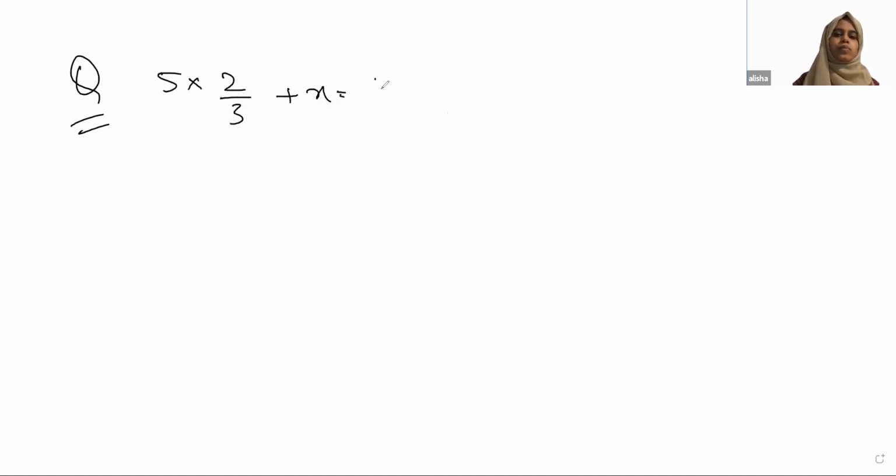Now it's erased. Okay. Yeah, I can see the question. 5 into 2 by 3 plus x equals to 2 by 4, okay? Or else make this 5 into minus 2 by 3 plus x equals to 2 by 4. Okay? Try to solve it and tell me the answer for x.